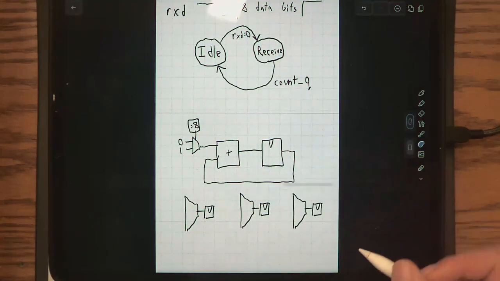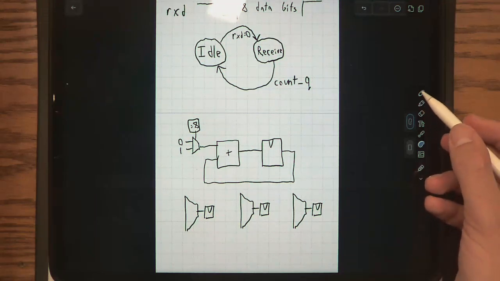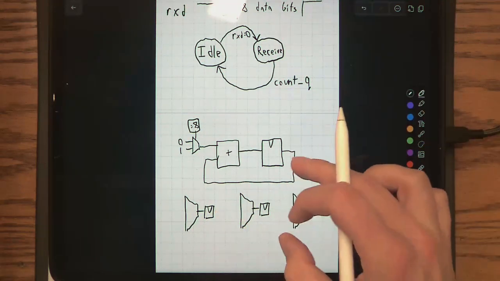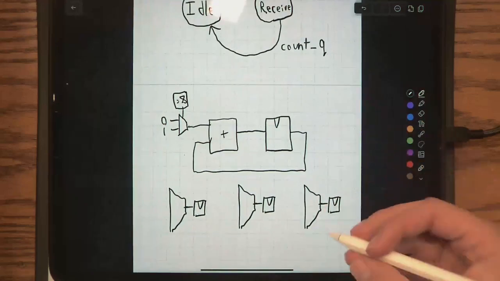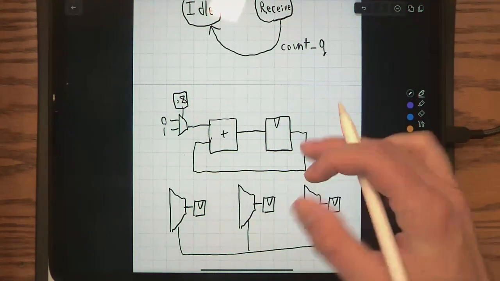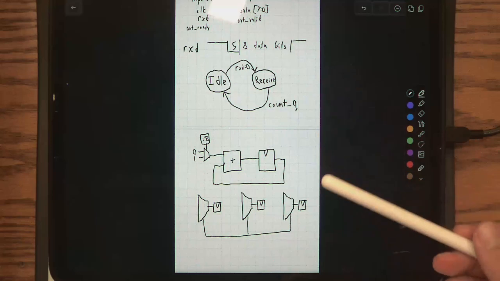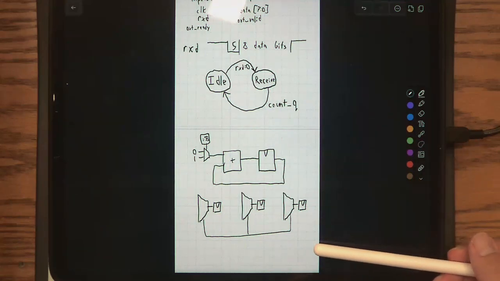Maybe we have 8 of these all in a row. Well, at what point do we want to be shifting in data, and when do we not want to be shifting in data?